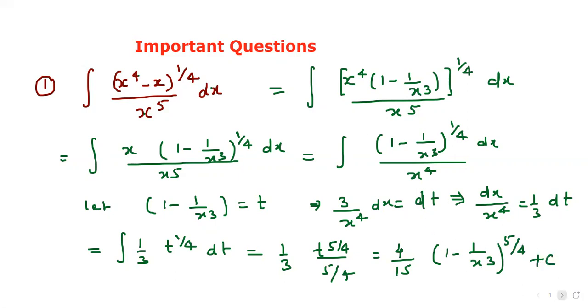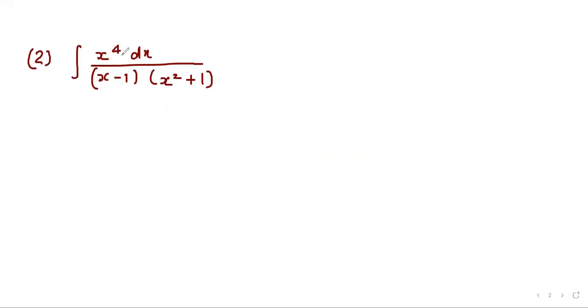Now let's go to next question. Integral of x^4 dx divided by (x − 1)(x^2 + 1). So here the power of the numerator is larger than the maximum power of the denominator.